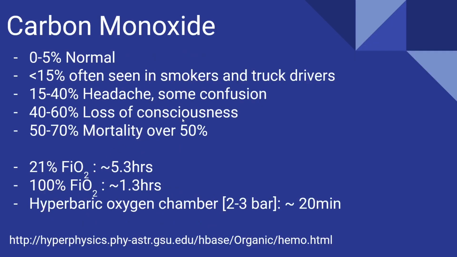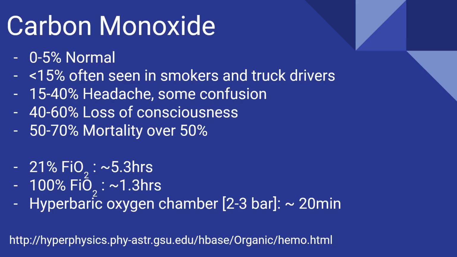So what we'll do is measure the degree to which the patient was exposed. Now, you can't necessarily measure carbon monoxide directly, but you can get an idea of how far they've progressed based on how much carbon monoxide is in their body.